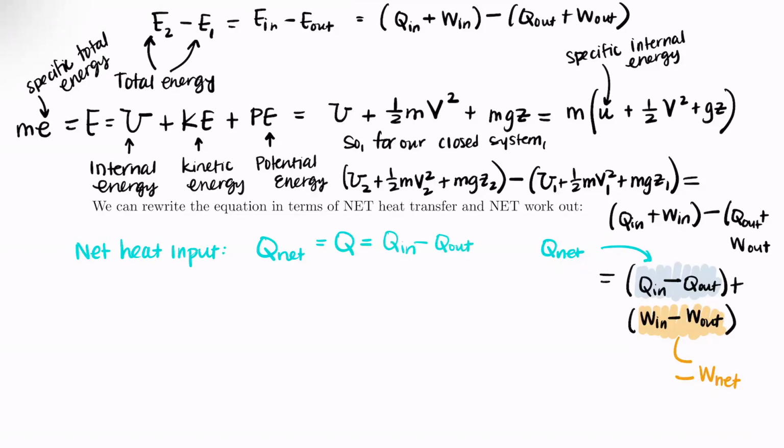And then our net work output is W net, sometimes just called W, is equal to W out minus W in. I haven't really said anything new just yet. This is all what we've talked about before.